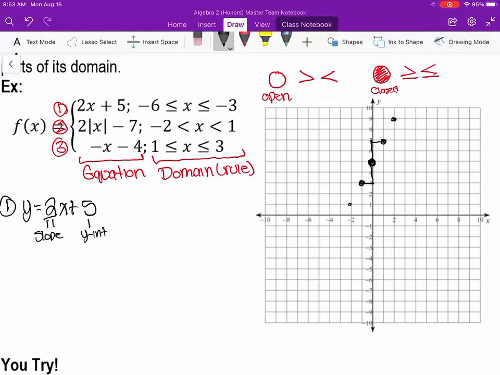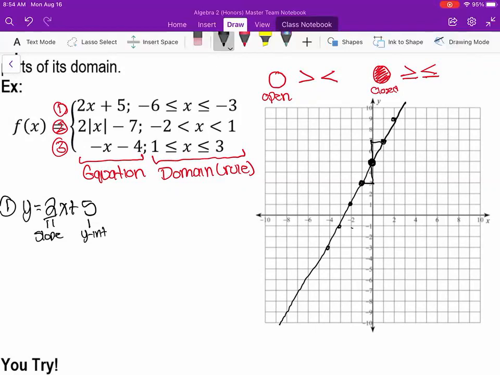So down 2 over 1, down 2 over 1, and so on and so on. I think those are enough points. So I'm just going to go ahead and graph my function. Okay, now that is my equation y equals 2x plus 5.